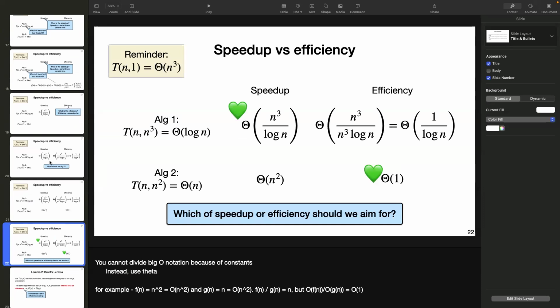Earlier in the slides, we had something like this, which is independent of the actual settings of N and P. It's just comparing speedup and efficiency.